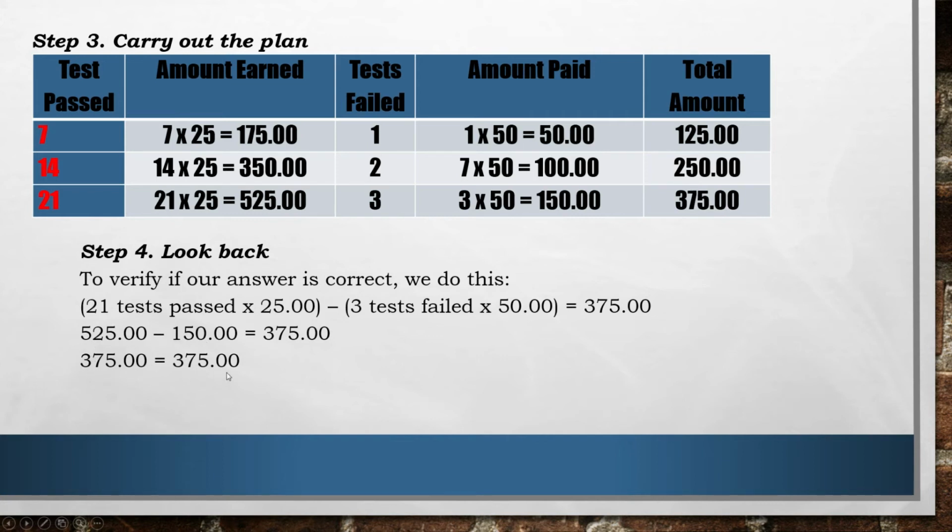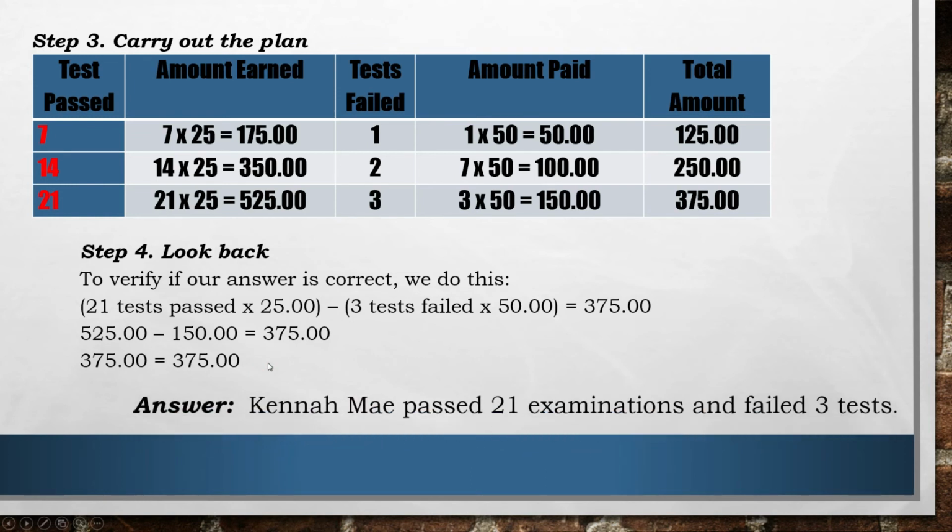So since these two numbers on the left hand side and to the right hand side are equal, we can say that our answer is correct. So Kenna May passed 21 examinations and failed 3 tests. So that is based on this given table.